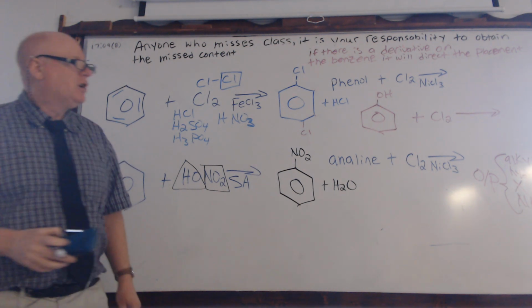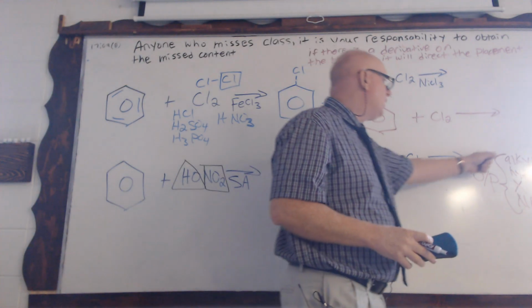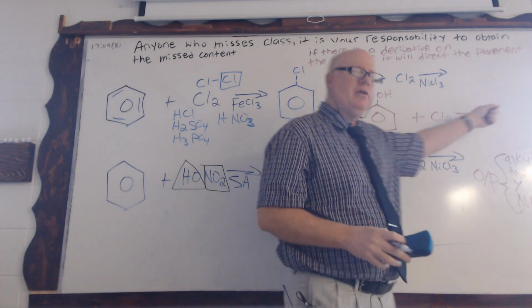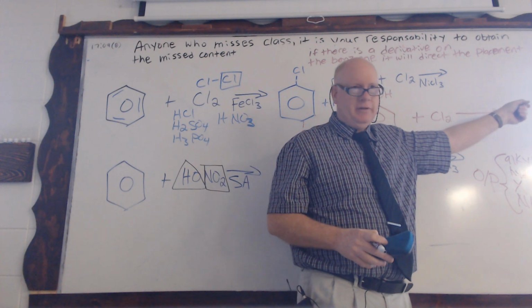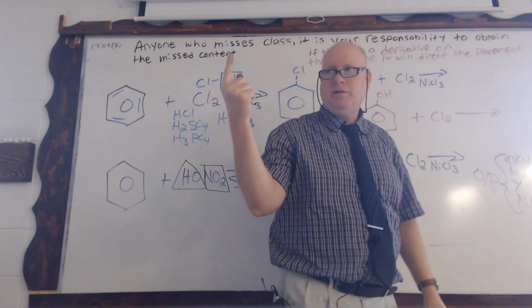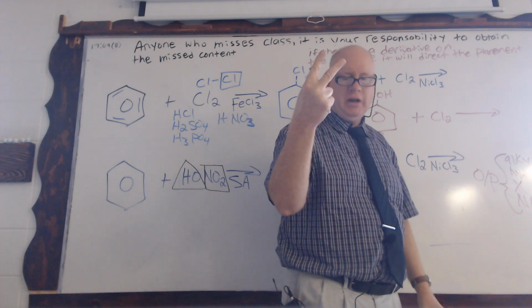Okay? So what these do is if these are already on the ring, like they are here, this is going to direct the traffic on what's going to happen on this end. So that means you don't just get one product, you're going to get two.